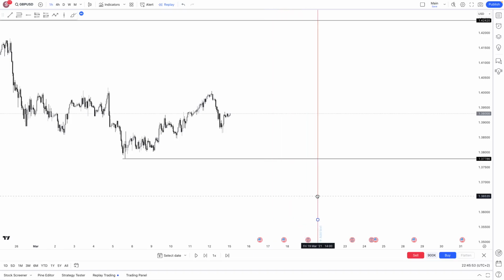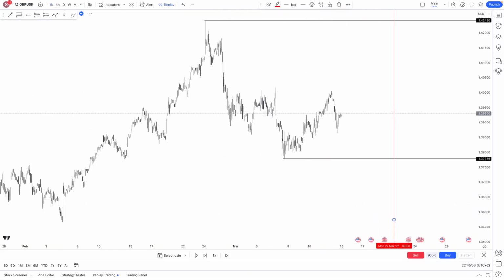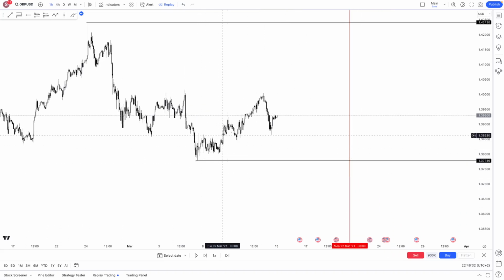Okay, we're now in the third week. So this still looks like a correction.